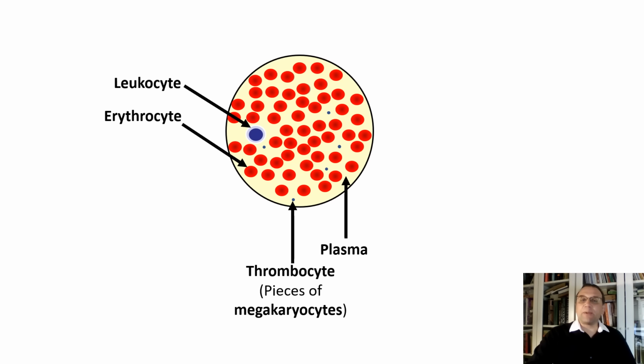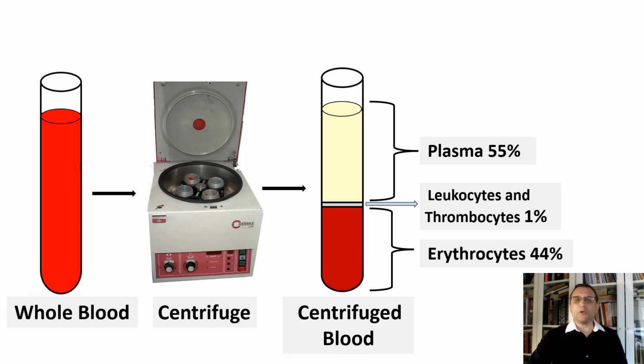We will start with plasma, the liquid part of the blood. As we established in the beginning, the liquid part of the blood is not red. It is yellowish or straw color. If we spin a test tube of blood in the laboratory centrifuge, we see the plasma makes up about 55% of blood.